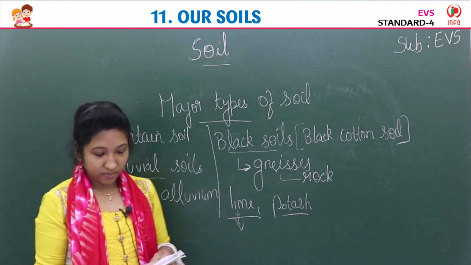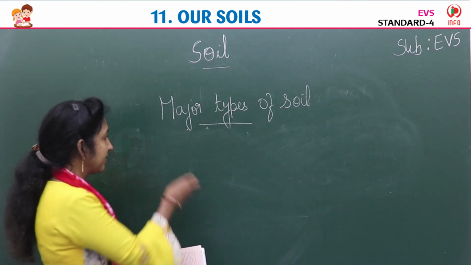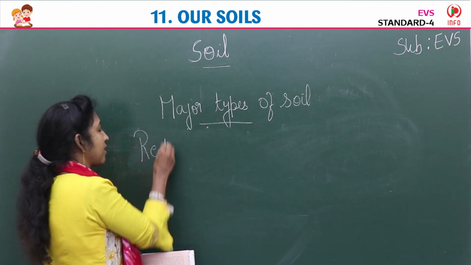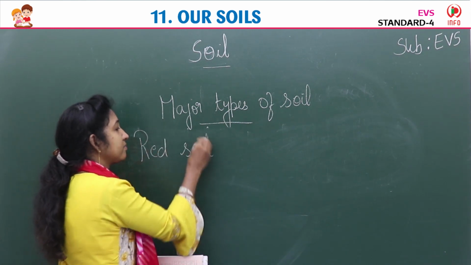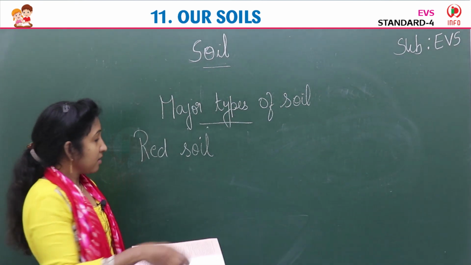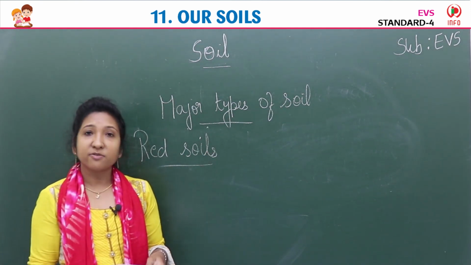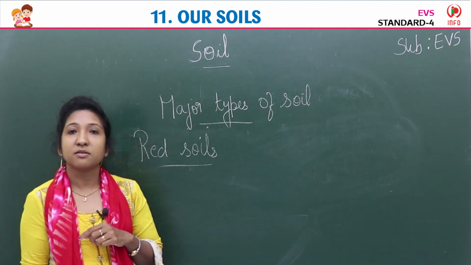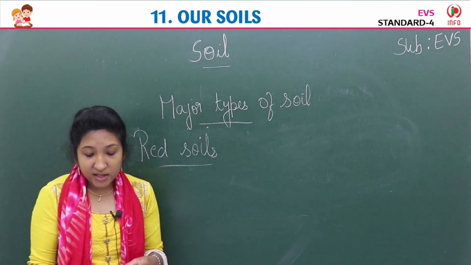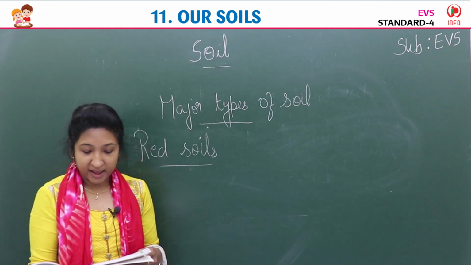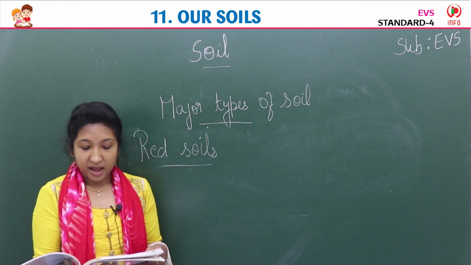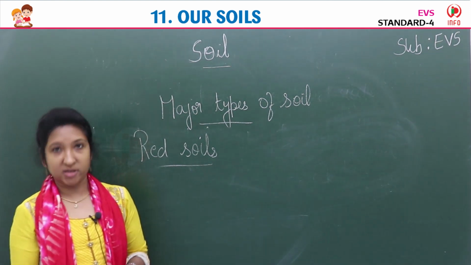Okay. So the next soil type is red soil. Why is it called red? Let's see. Red soils develop on granite and gneiss rocks under low rainfall conditions.